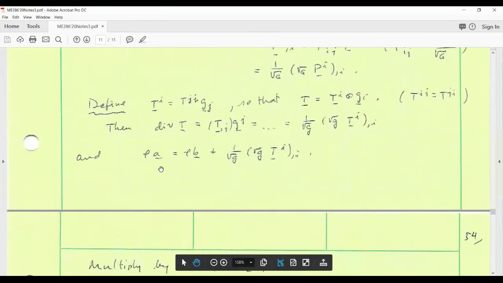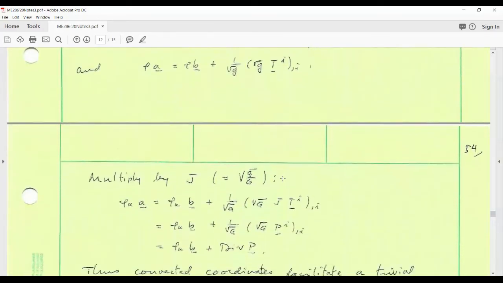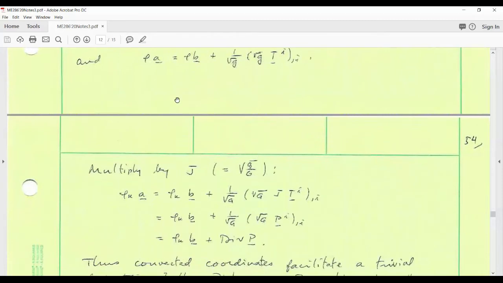So let's suppose we all believe the Cauchy equation of motion. We've just recast it in this form. We'll see how trivial it is now to derive the Piola equations of motion. First, let's multiply this equation through by J. When we do that, we get rho J is the referential density. Okay? Multiply through by J, which is this. J divided by root small g is 1 over root cap G. And then root small g is J times root cap G in here.